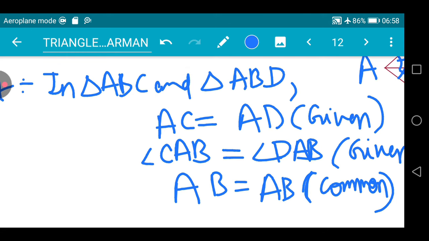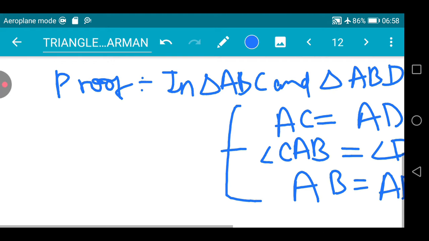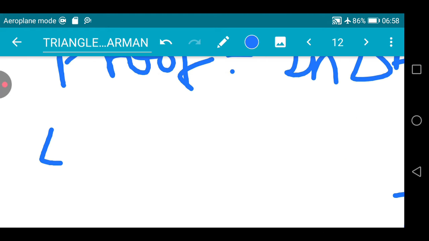So in this way, we have the sides and angles done.